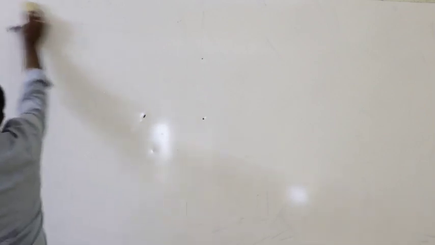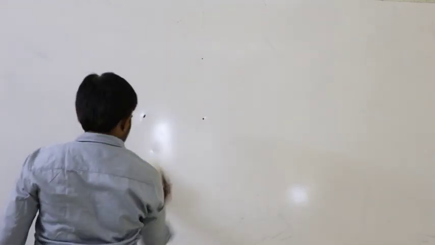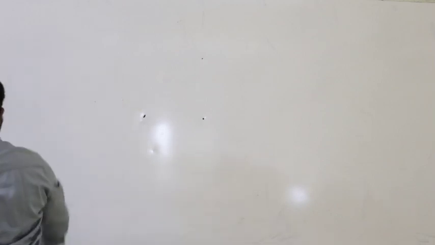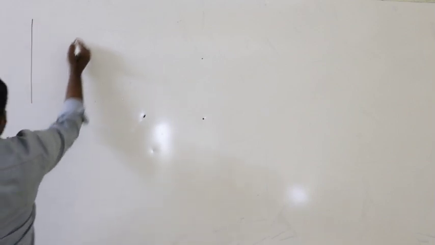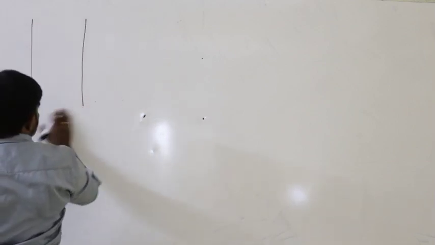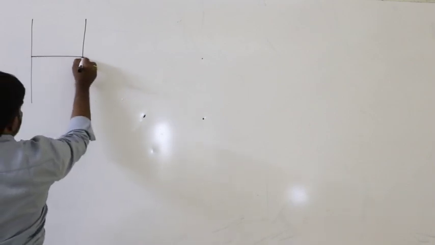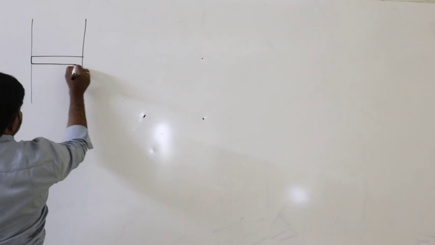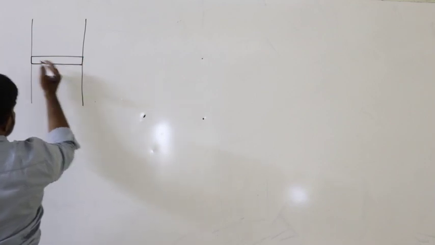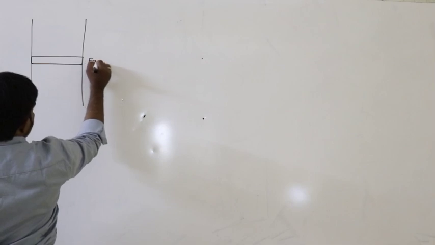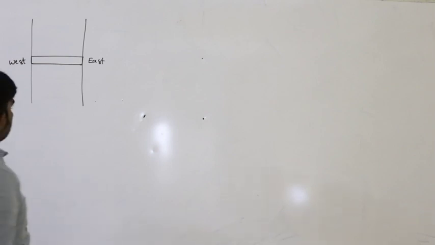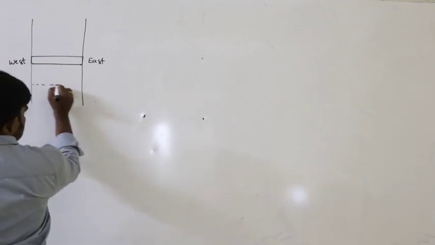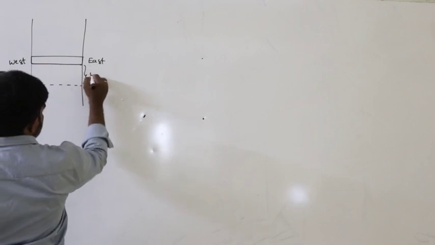Now, one more application here. For example, this is the conductor facing east and west, let us say this is east and this is west, and it's moving downwards through the distance y.